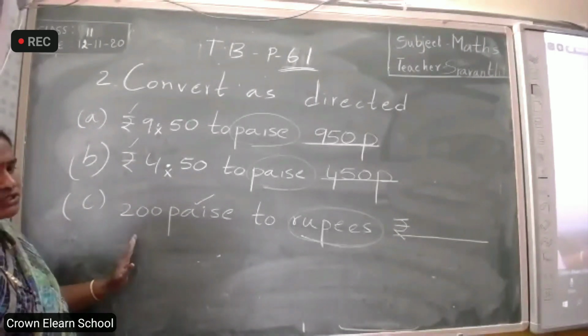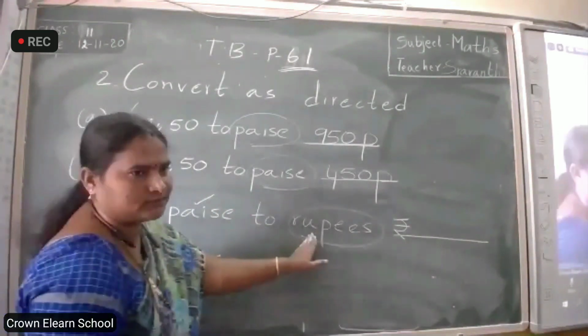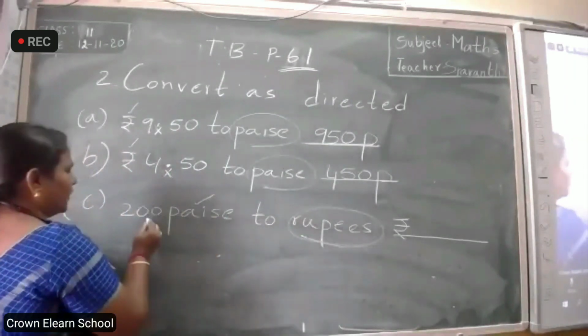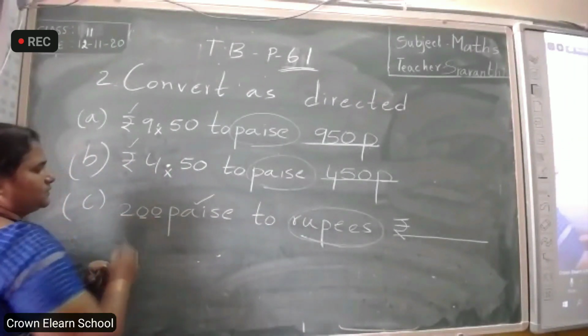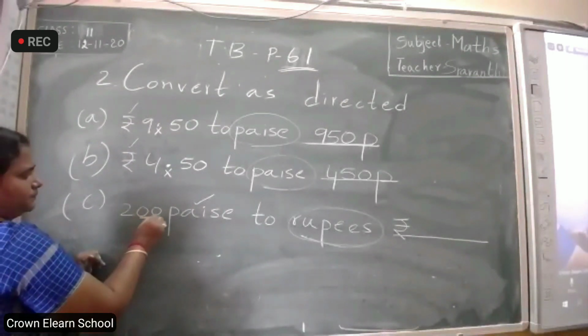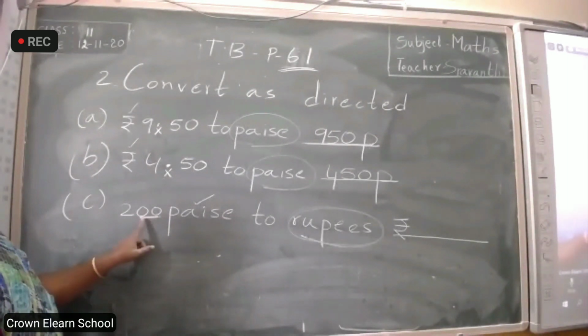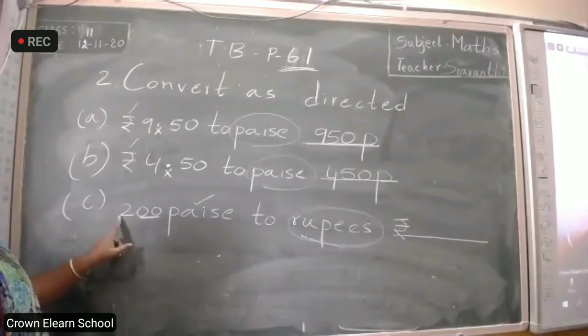What do we do? Just now we have done. How will you change paise to rupee? Last two digits, ones place and tens place. Two digits we need for paise. Underline here, ones place and tens place. And 2 is alone. So take 2 as rupee.